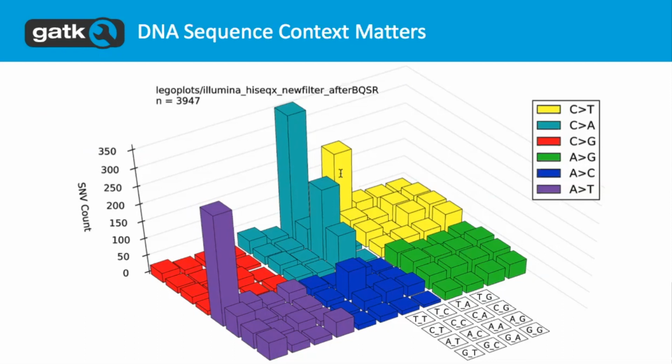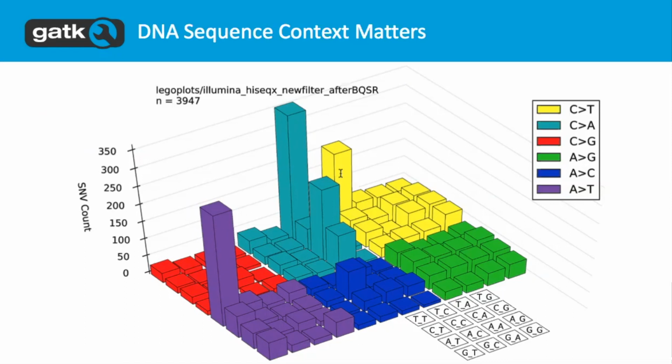So one thing to look at is the sequence context, and this is a Lego plot. Has anyone not seen it before? So basically, the idea is that if you just look at this little square right here, this indicates the sequence, the two bases, left and right, to the current base.